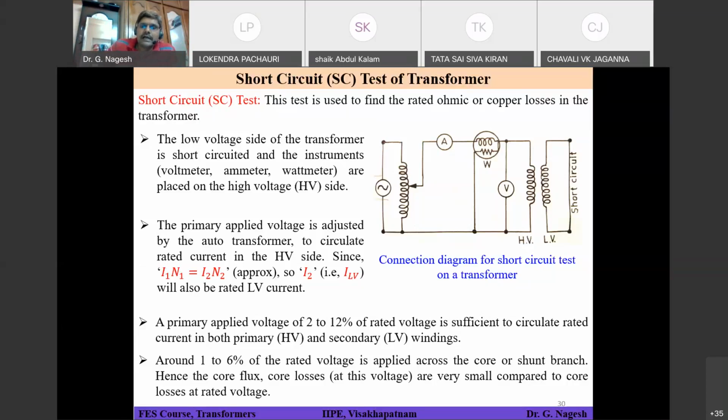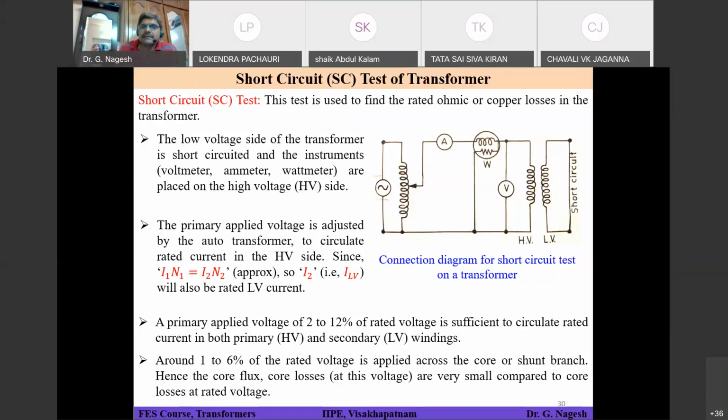And if you see, copper losses depend upon current. They don't depend upon the voltage. So if I am sending the rated current in the transformer winding, that is good enough to find out the copper losses in the transformer winding. It is not depending on the voltage. Clear?